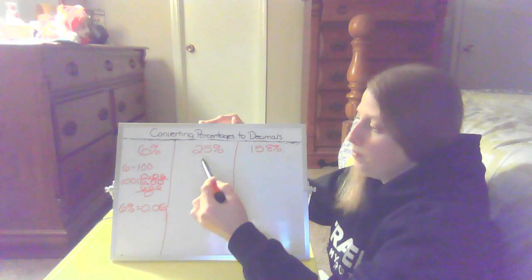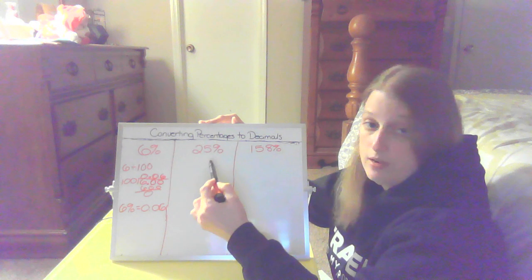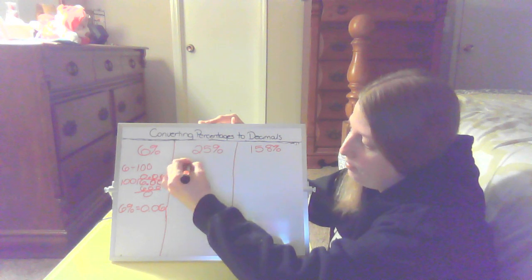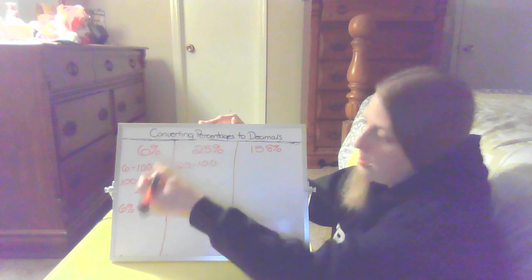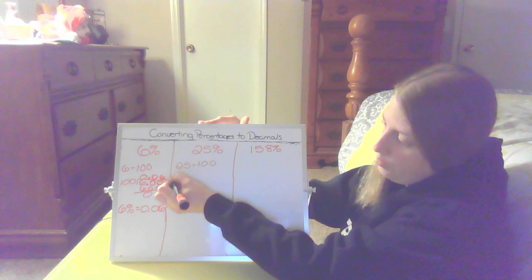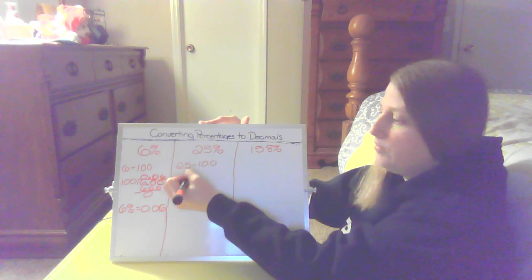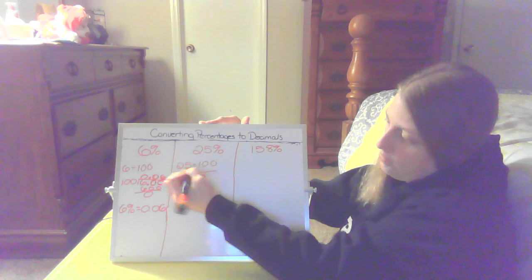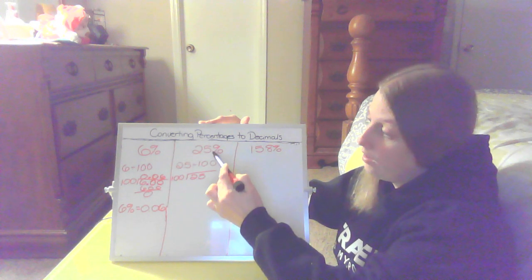Moving on to our next one, 25%. We're going to divide 25 by 100 as well. So 25 divided by 100. And we're going to do our long division here. 100 divided by 25. And our invisible decimal point will be behind our 5.